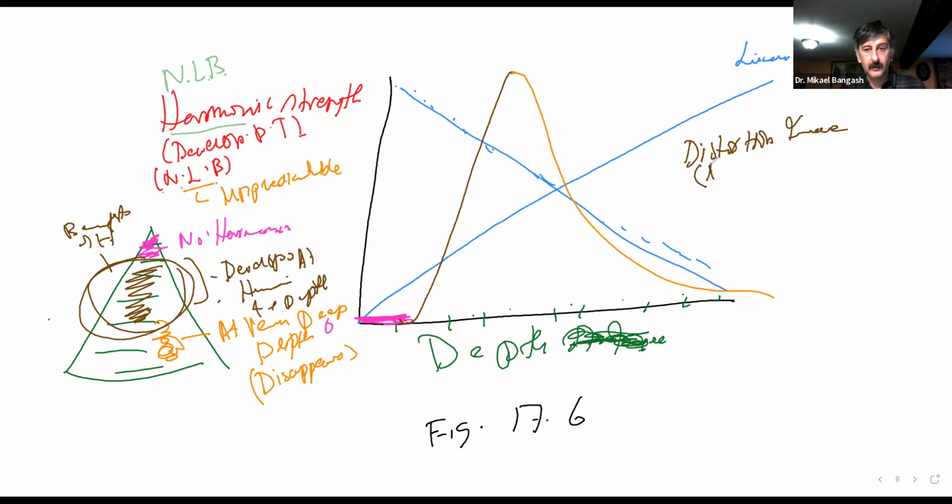There will be no lobes artifacts. But the main benefit of using harmonics is that it increases the signal to noise ratio.